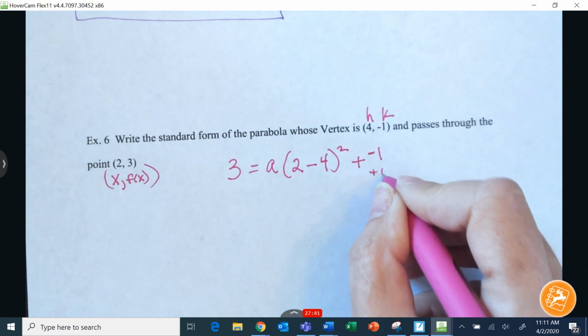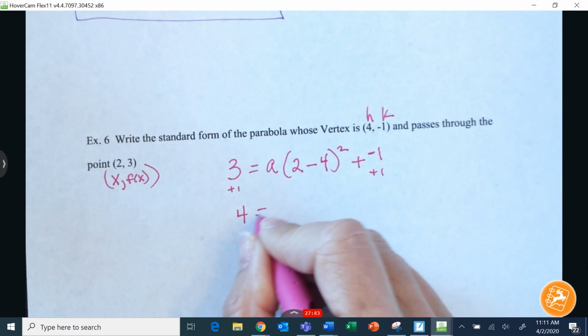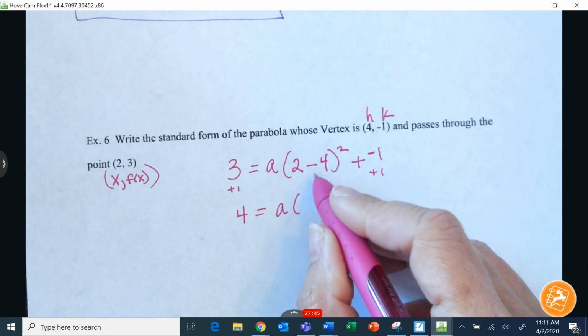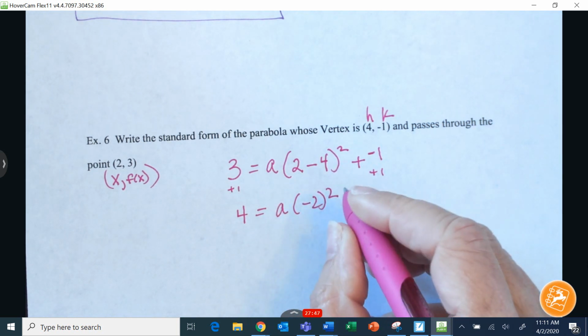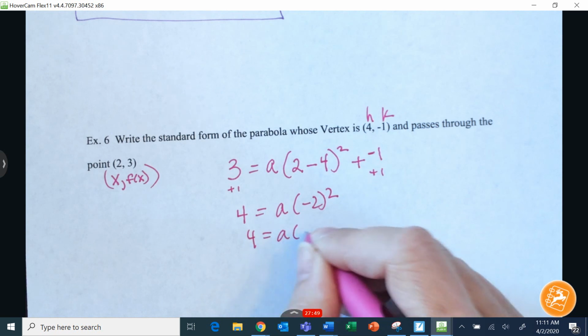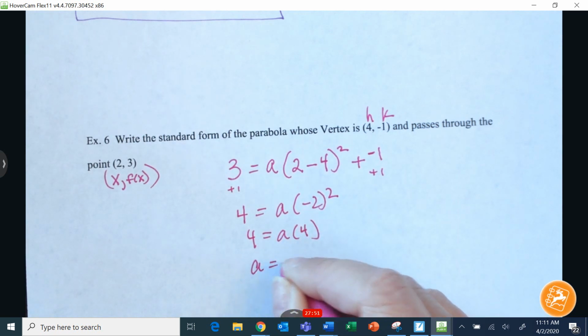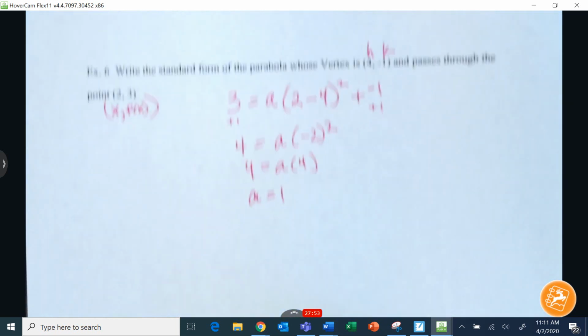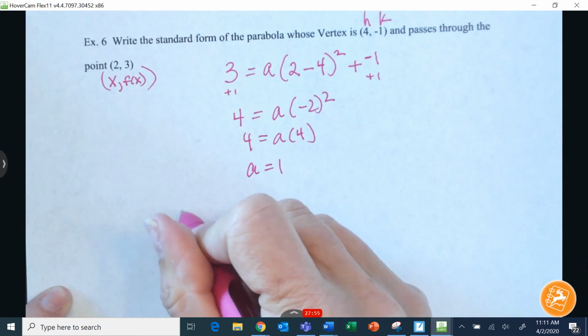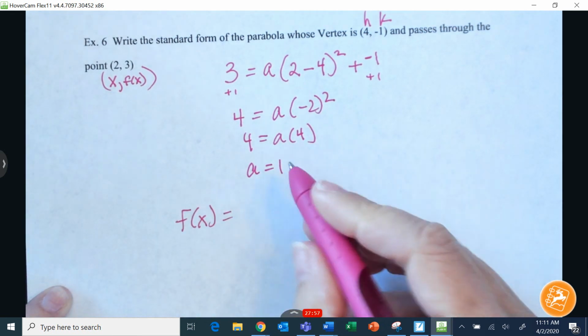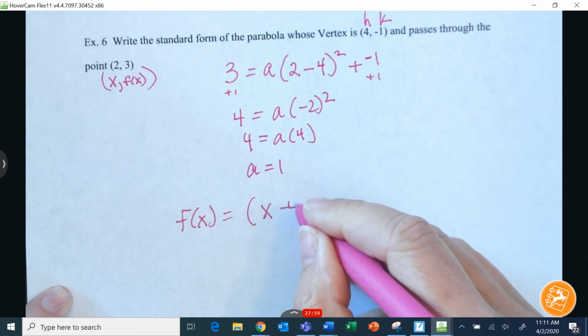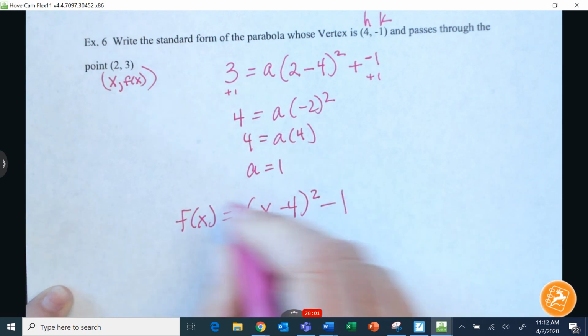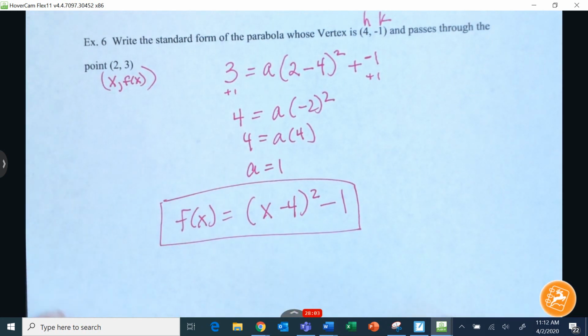So I'm going to add that 1. 4 equals a times negative 2 squared. So 4 equals a times 4. So a has to equal 1. So f of x equals 1 times x minus 4 squared minus 1. That would be our vertex form.